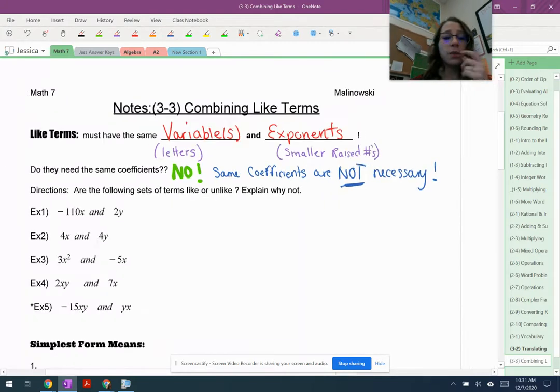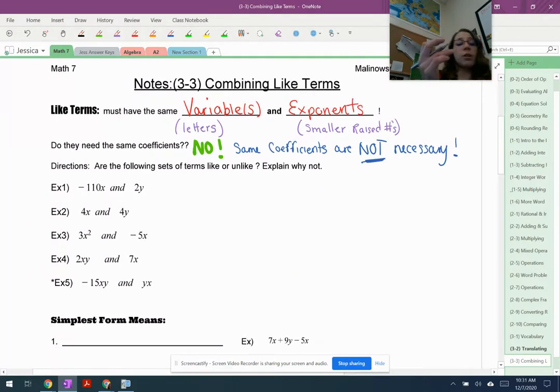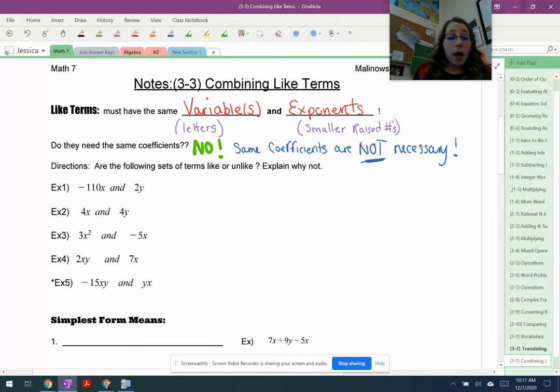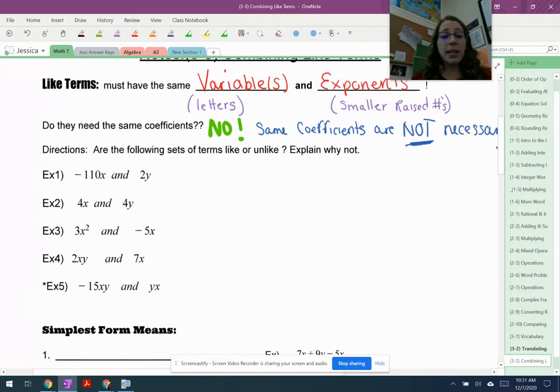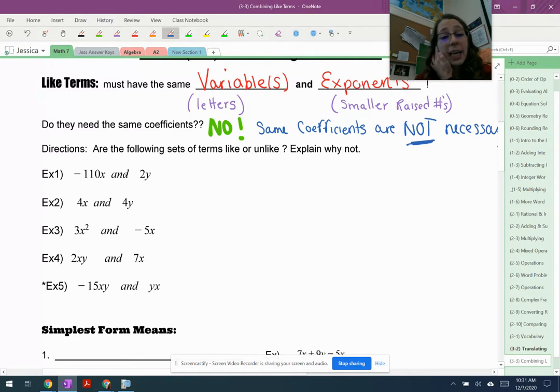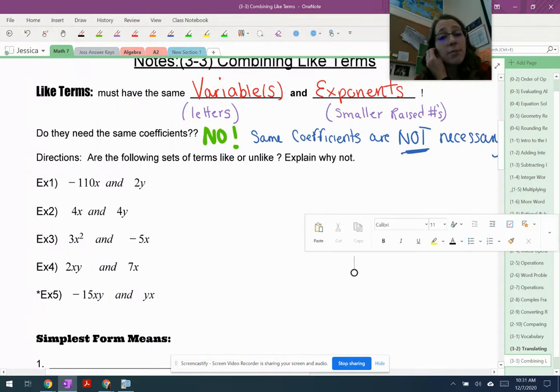Okay, so in the following examples, we're going to determine if these are like terms or not, and we're going to write reasons for or why not. So, example 1, we have negative 110x and 2y. Are those like terms? Do they have the same variables and the same exponents?